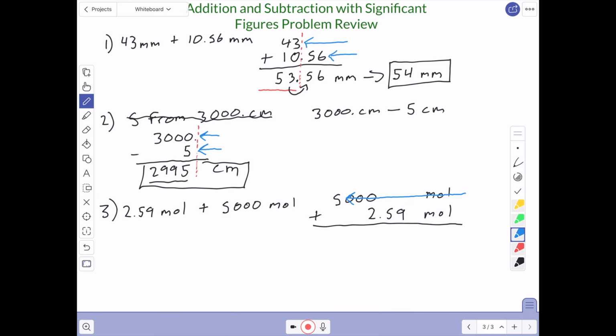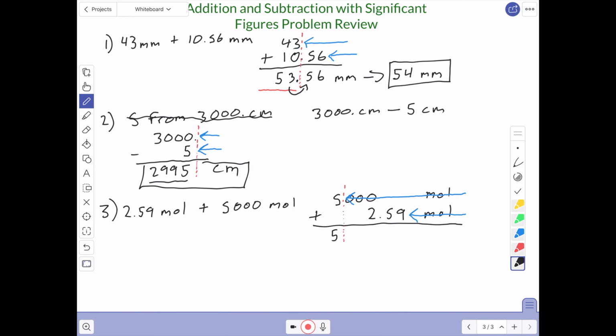It's not an arrow until you hit your first digit. It's the arrow until you hit the first significant digit. So, which one's farthest to the left? Clearly, we're going to draw this way over here. And that changes everything, doesn't it? Okay? So now we do our addition.